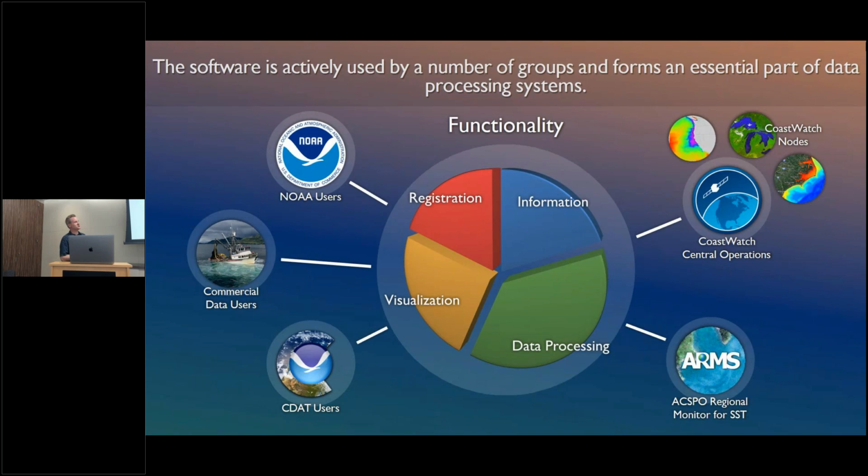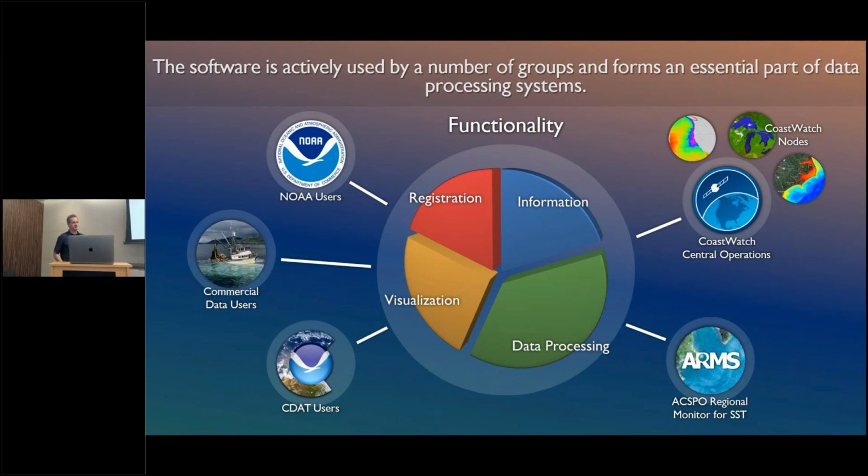And the software features have really grown out of requests from CoastWatch data users, from central operations needs, and from node operations needs. I started out as an operations manager at the West Coast and moved through various positions, and so my knowledge of what I knew people would need and what I wrote at the time have been amalgamated into this software and put together in an easy to use package.